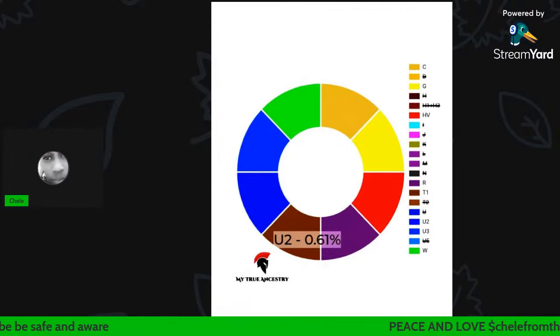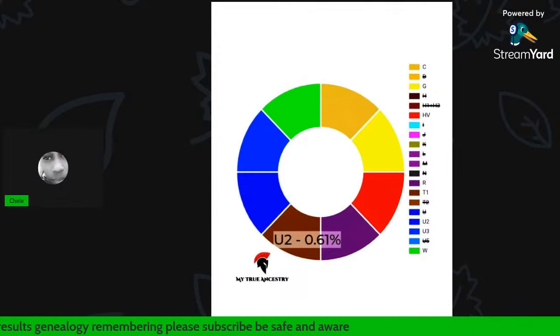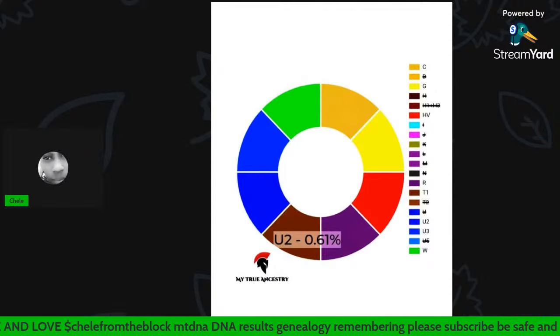I have ancient DNA sample matches. So that was really interesting. I'm actually shocked. I didn't expect this live to produce results for Eurasian, East Asian, the Americas, Spain, Italy, West Asia, Europe. It's just amazing.